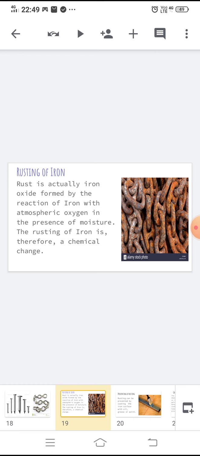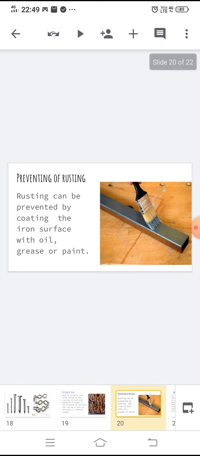What are the ways to prevent rusting? First one, rusting can be prevented by coating the iron surface with oil, grease or paint. This layer prevents iron from coming in contact with air and moisture. However, rusting can take place if there is a crack in the coating.